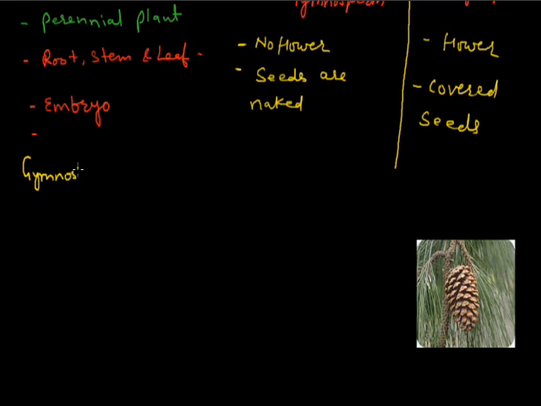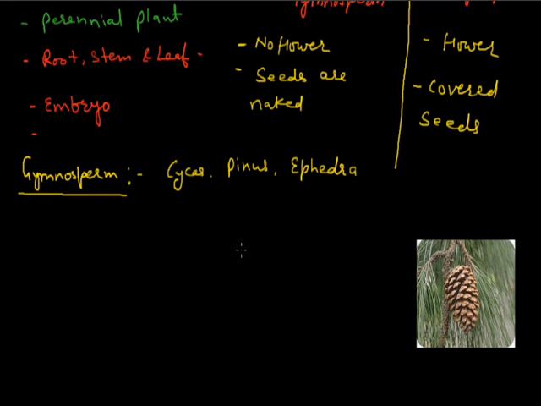Gymnosperms are plants which grow normally in the temperate region and in other climatic conditions also. Some examples of gymnosperm are cycas, pinus and ephedra. Ephedra is the gymnosperm which grows in desert conditions.